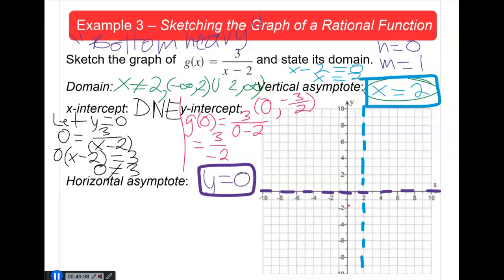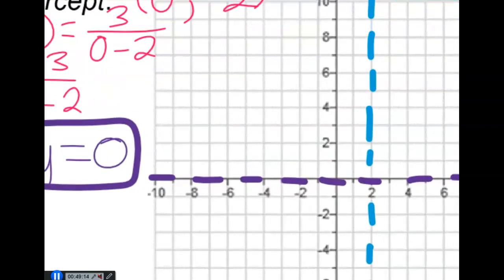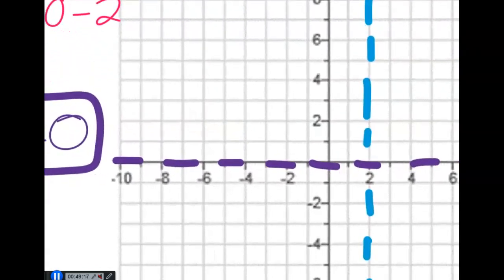Actually, I'm gonna just zoom in. So it will be like right there. There we go.